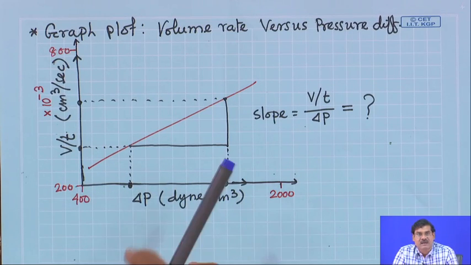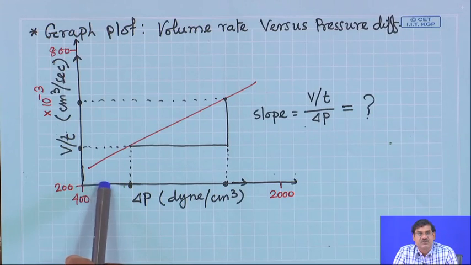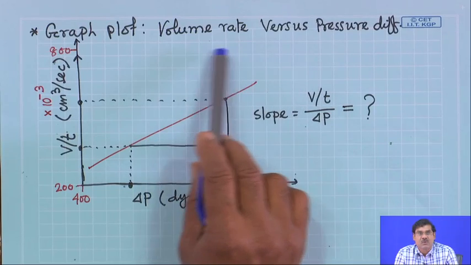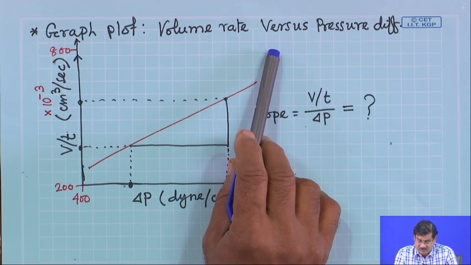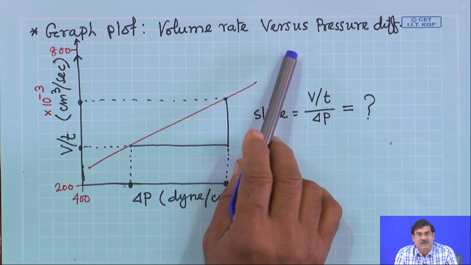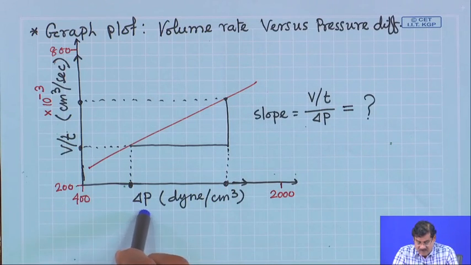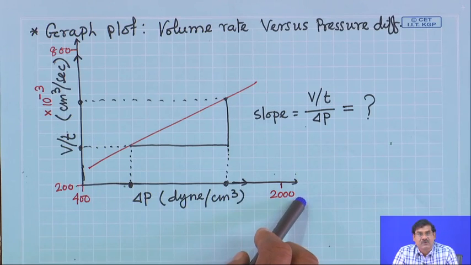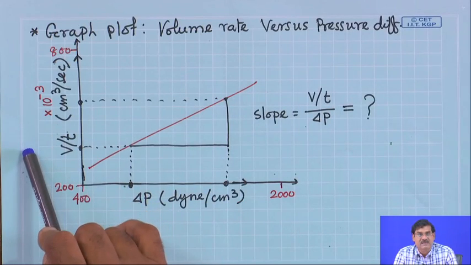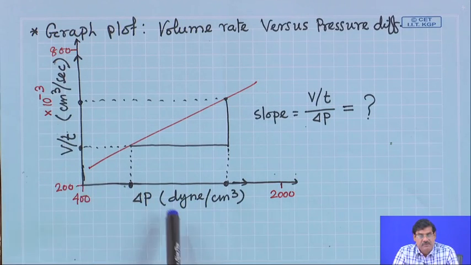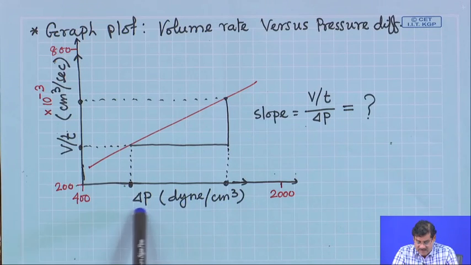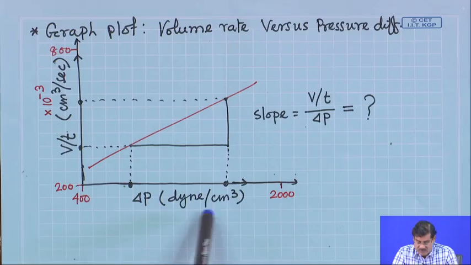You have to define what each box will be, what the value of one smallest box is. You should mention that for the x axis and for the y axis, and of course you have to label the axis with its unit.